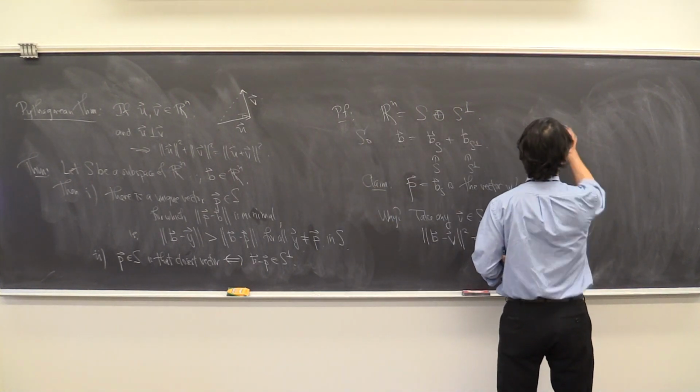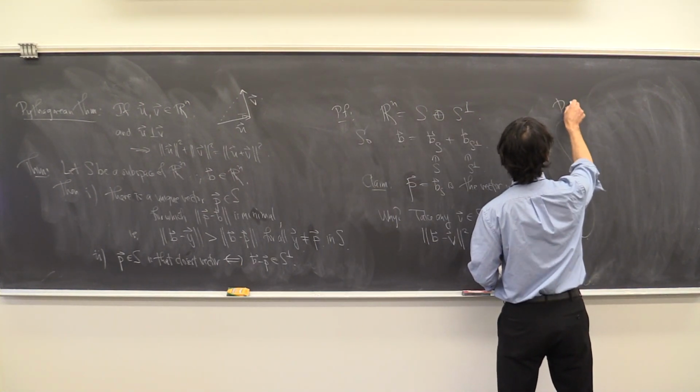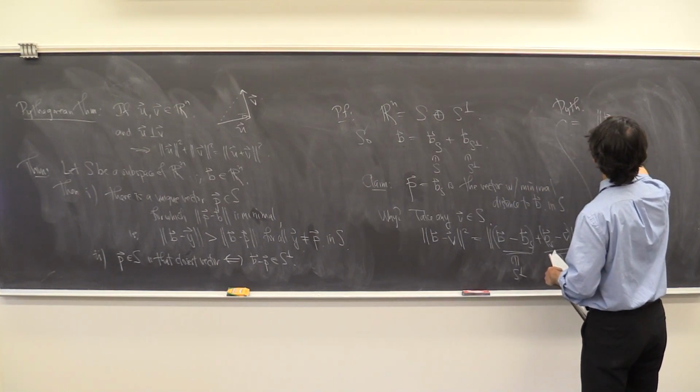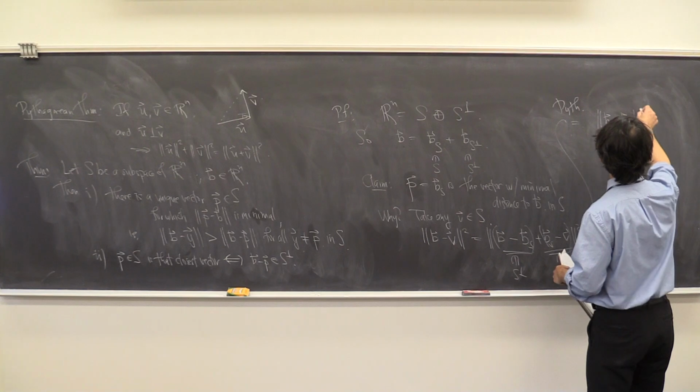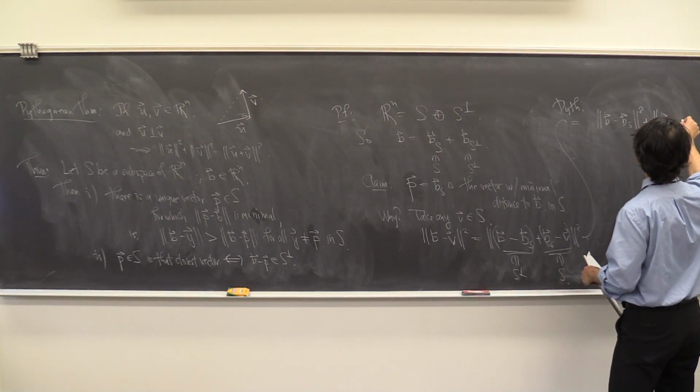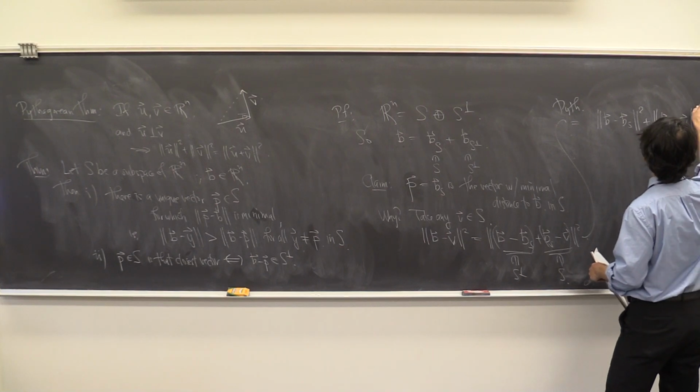By Pythagoras, this is going to be B minus Bs squared plus Bs minus V squared.